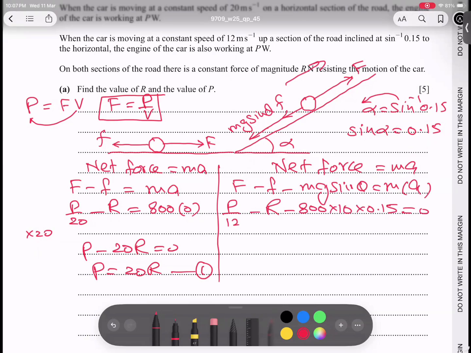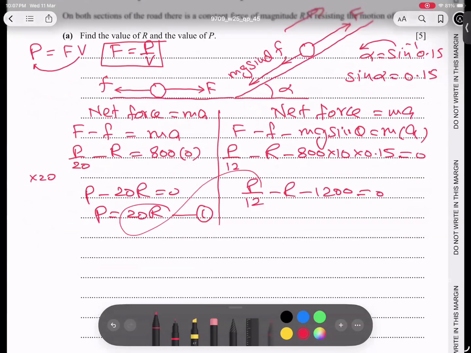Okay, now I can do one thing. This P is replaced by 20R. First I simplify 800 times 10 times 0.15, and I get 1200. So P by 12 minus R, and here I get negative 1200, is equal to 0. P value is 20R, so I'm going to replace it here.